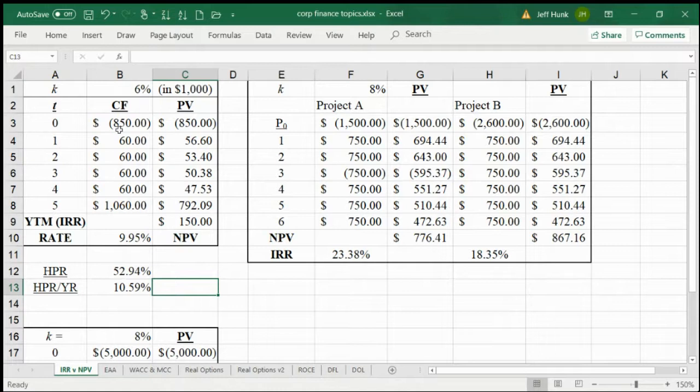So that's the initial investment, and the projected cash flows are like this from year 1 through year 5.